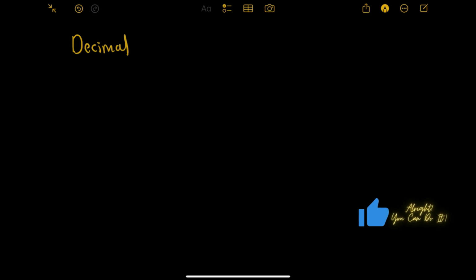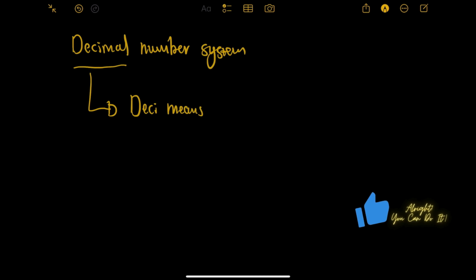And I'll just write that for us. So this is the decimal number system. What's really important to note is that deci means 10.